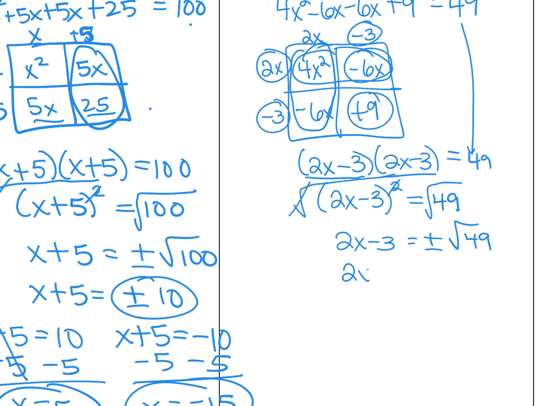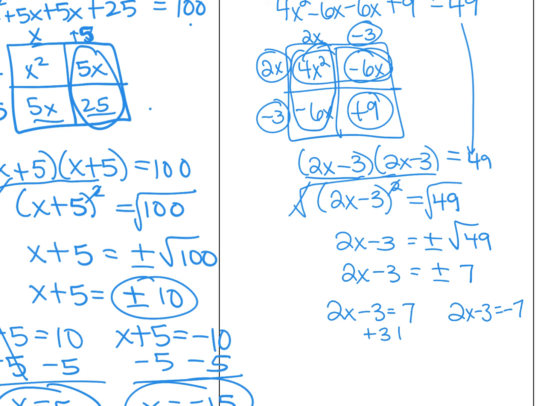So I get 2x minus 3 equals plus or minus the square root of 49. What number times itself gives you 49? That's 7. So I get 2x minus 3 equals a positive 7, and 2x minus 3 equals a negative 7.